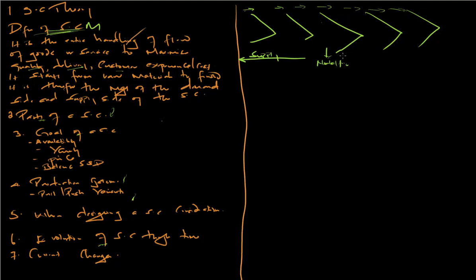On the lower end, after production of goods or services, we have what you call the demand side. The customer is here. Sometimes we have a retailer between the customer and the firm. We also have a distributor between the retailer and the nodal firm.